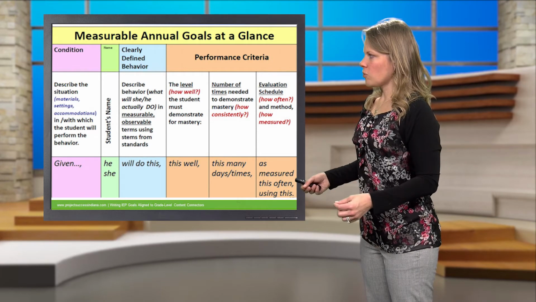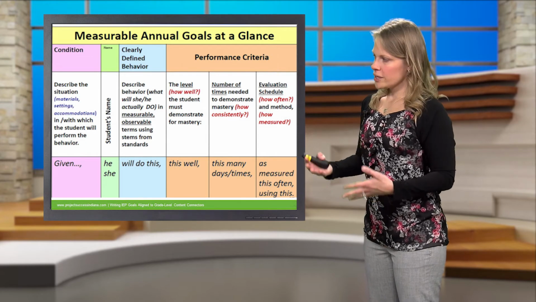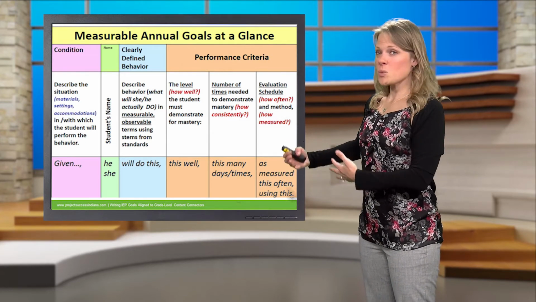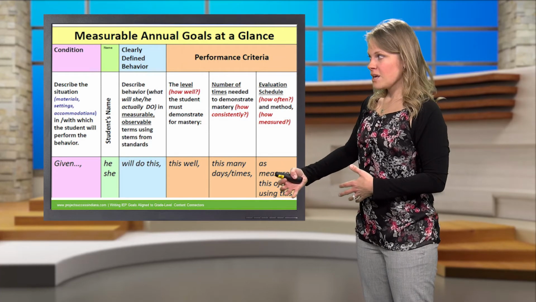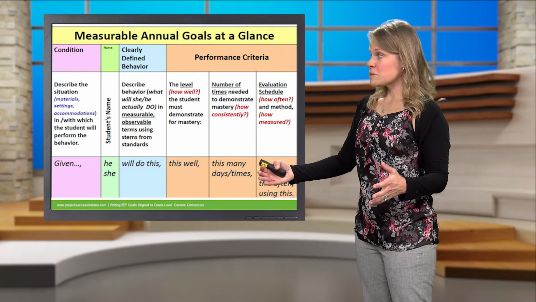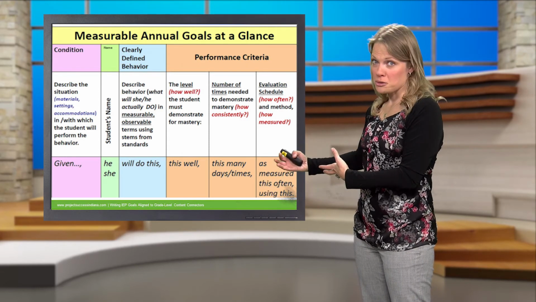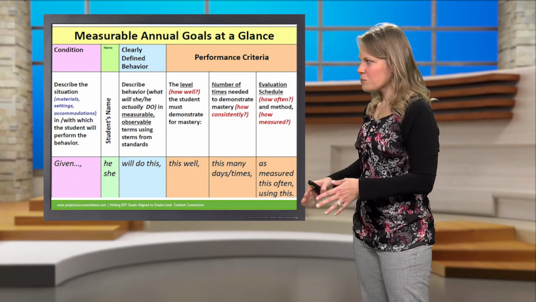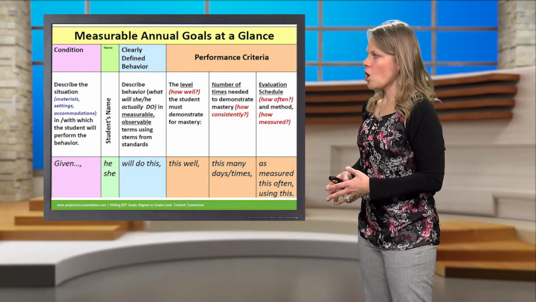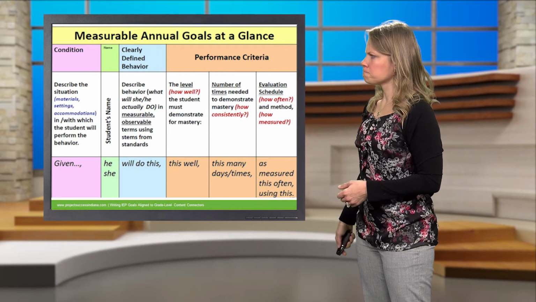So at the bottom row there, given something, whatever the condition is, he or she will do this target skill or behavior this well to this degree, this many days or times or across this much time span, as measured using this progress monitoring tool. Hopefully it'll make more sense as we keep going, but I find this to be a good reference when you're thinking through all the pieces that need to be included in a measurable annual goal.